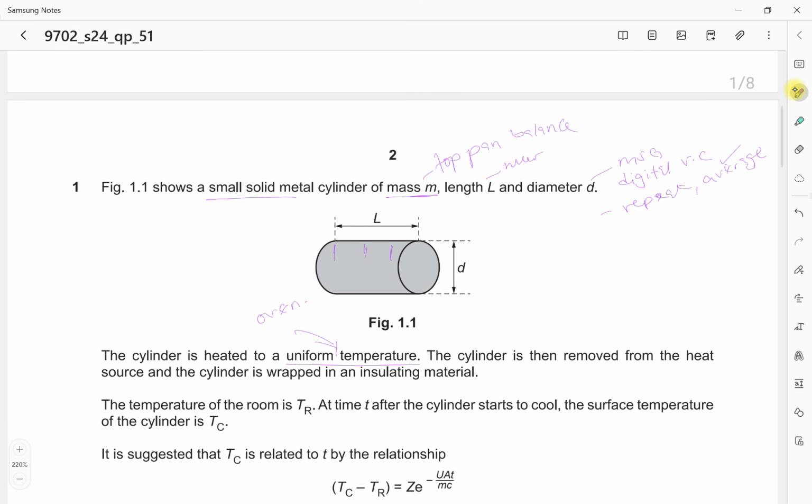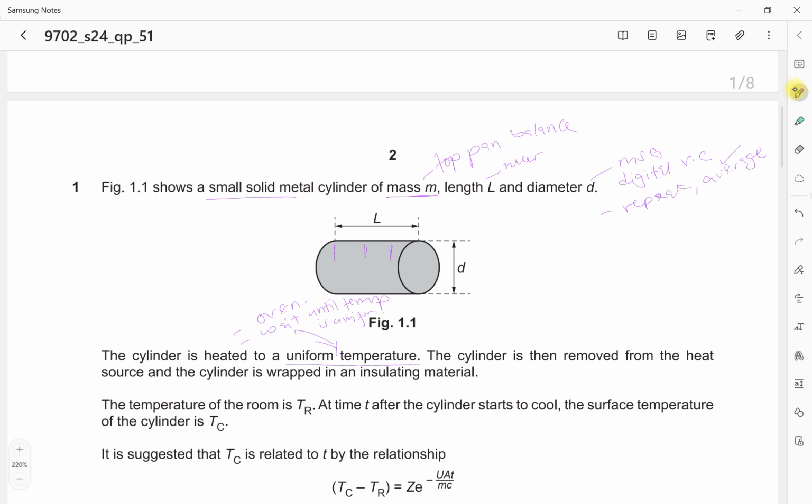But because I want the temperature to be uniform, I have to wait until the temperature is uniform. This means I will have to attach temperature sensors around the cylinder so that I can monitor that the temperature on different sides of the cylinder is uniform.